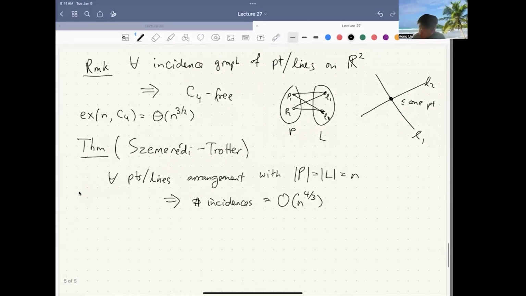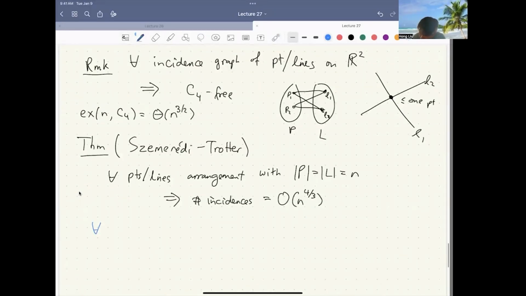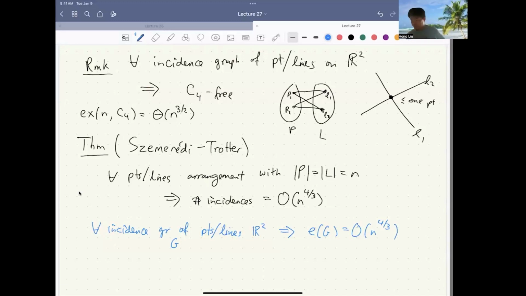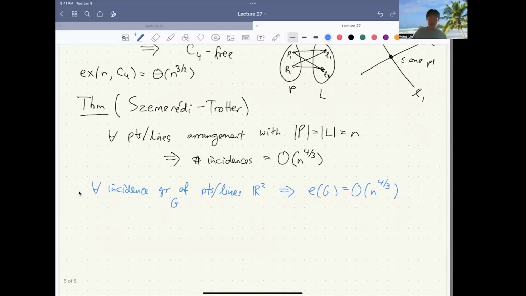In other words, for any incidence graph G of points and lines in the plane, the number of edges is O(n to the 4/3). We will not prove this now.